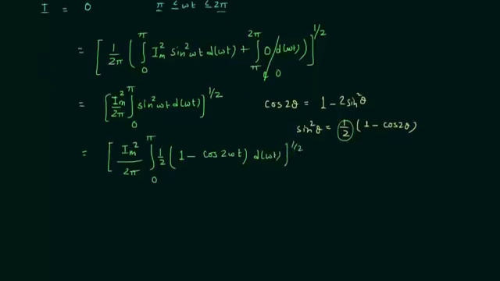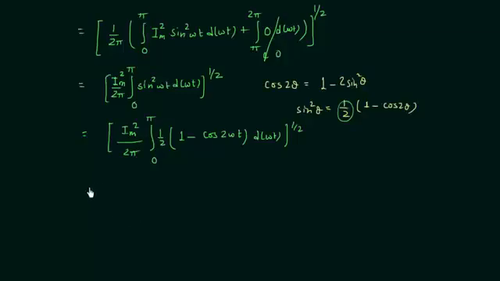Integration of 1 is omega t, and integration of cos 2 omega t is equal to sine 2 omega t divided by 2. So Im square divided by 2 pi, inside the bracket, we have omega t minus sine 2 omega t divided by 2.